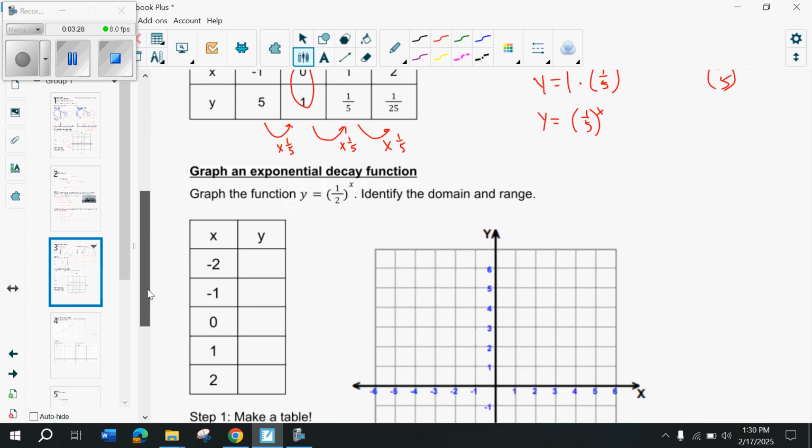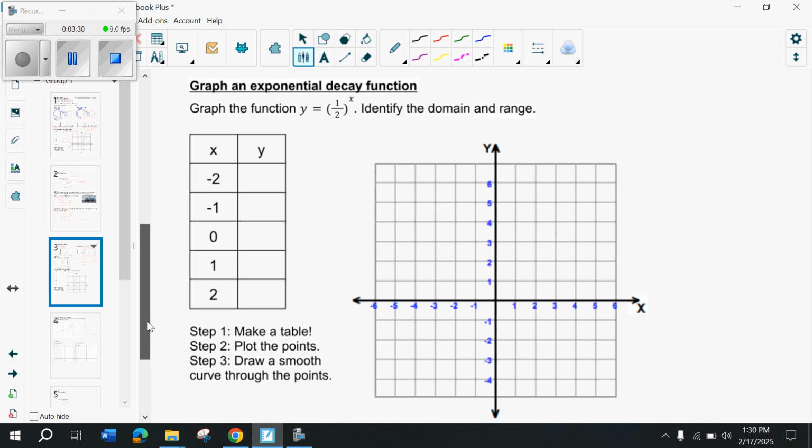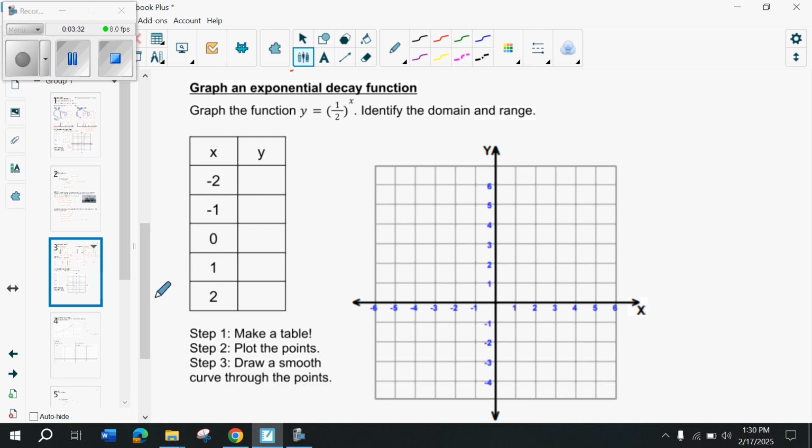So graphing an exponential decay function is going to look a little bit different than when we graph the exponential growth function. So once again, I can assume any values for x, and I'm then going to make a table by substituting the values in here and then solving for y. Once again, I'm going to first start with 0 because that's always the easiest one, because (1/2) to the 0 power, anything to the 0 power is 1.